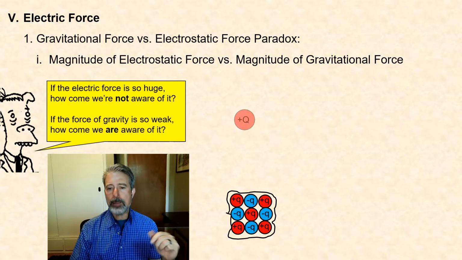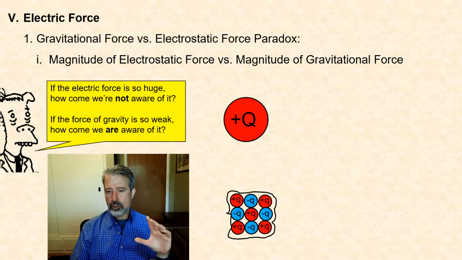And let's suppose I bring in a charged object, this red charge, big Q. You'll notice that the sample of matter I'm showing you on the bottom is roughly electrically neutral.